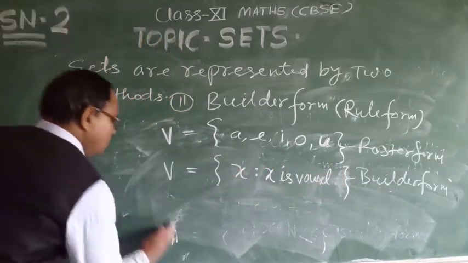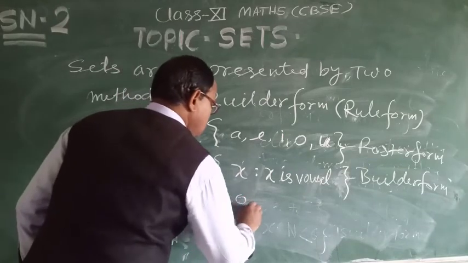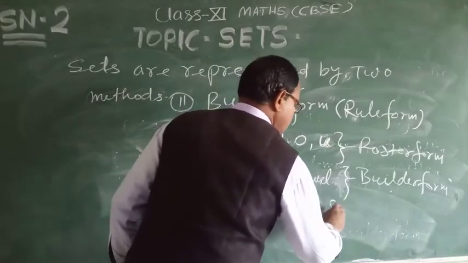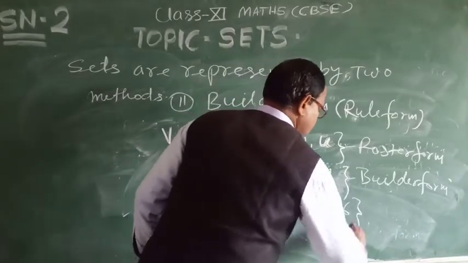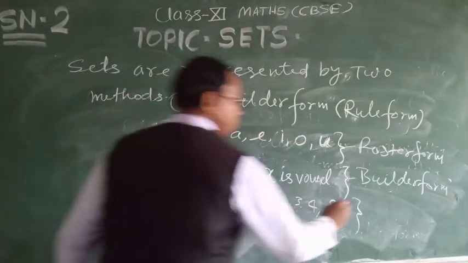Here the whole numbers 0, 1, 2, 3, 4, 5, 6. Okay, write in statement form.